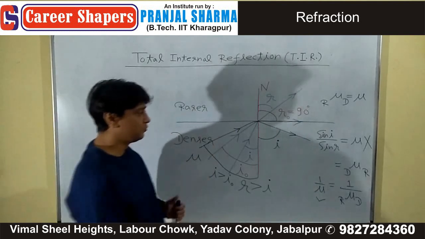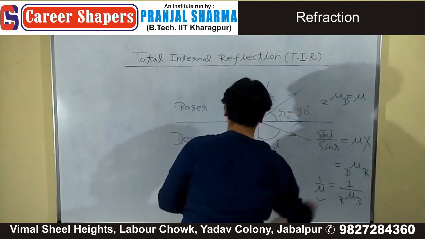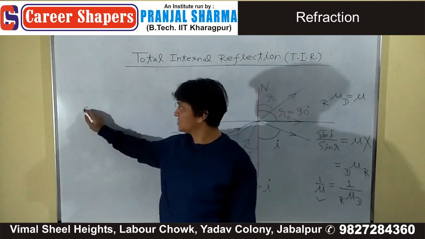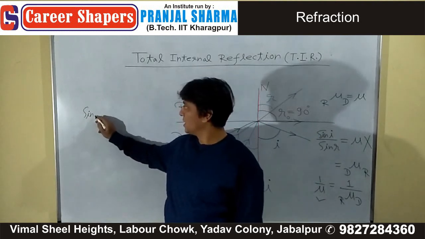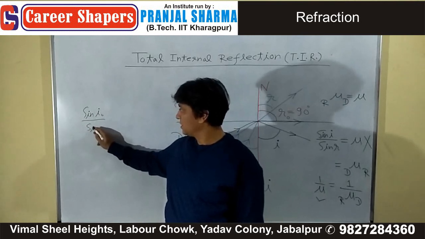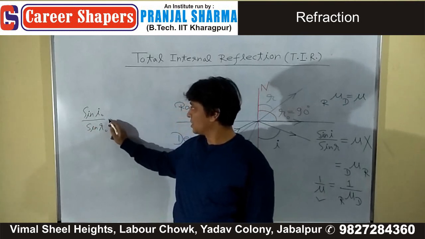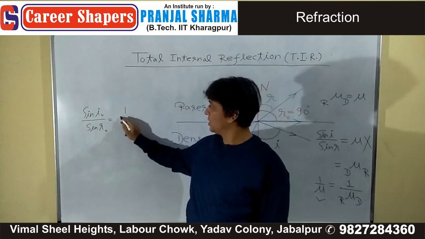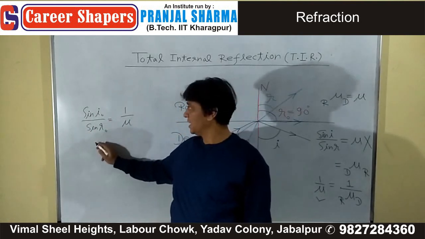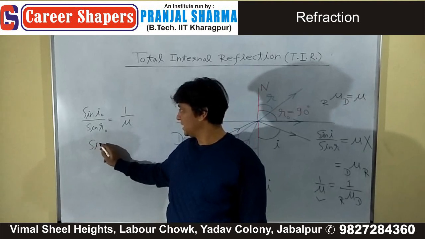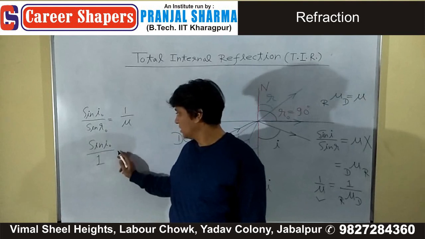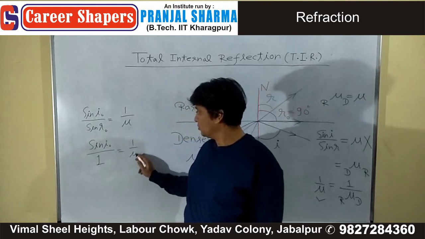Let's find it with the help of this formula which we have got, sin i upon sin r. Now, sin i naught upon sin r naught is what? 1 upon mu. But r naught is 90, and therefore sin 90 simply becomes 1. So this is 1 upon mu.